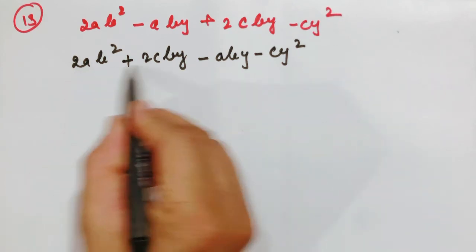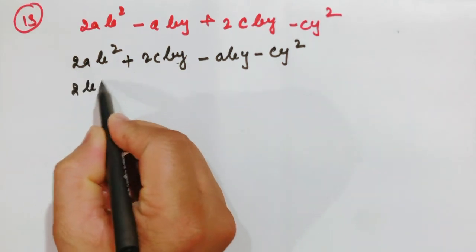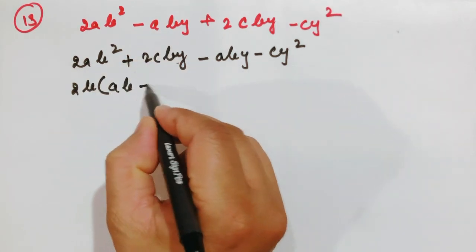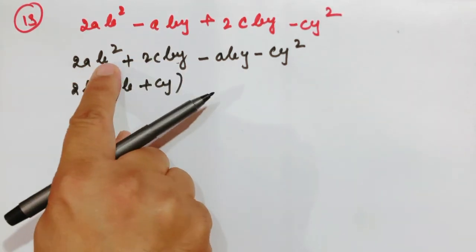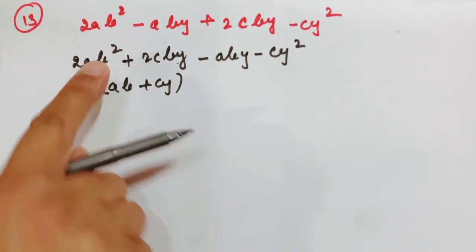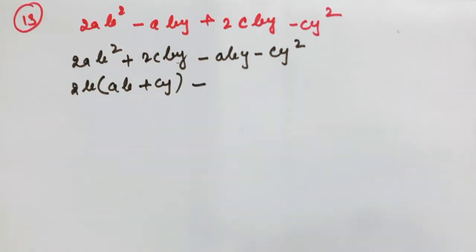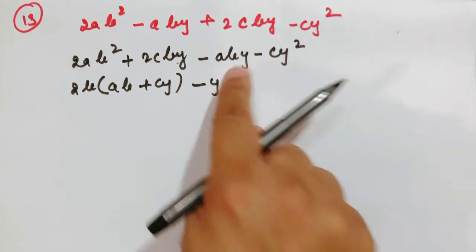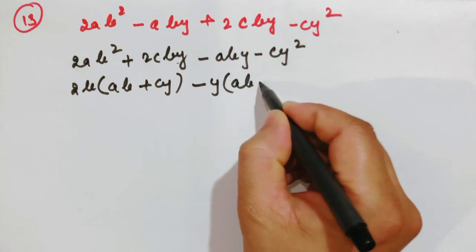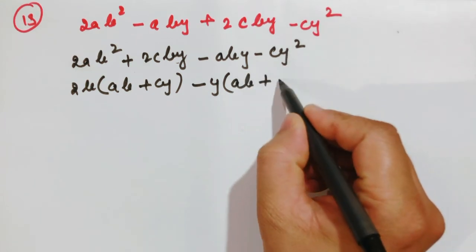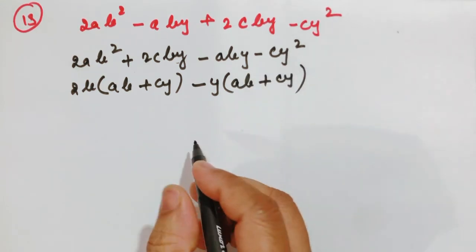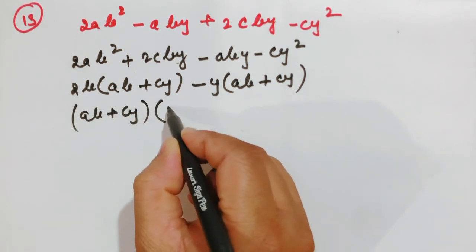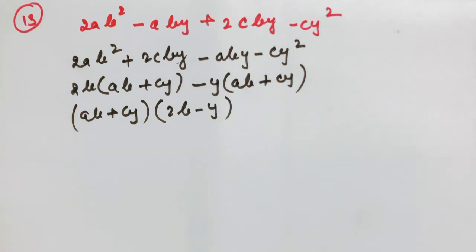So now when you take 2b as common over here, in both, you will be getting ab plus cy, plus cy. And when you take minus y as common over here, that is the HCF, you will be getting ab plus cy. So ab plus cy when again taken common, (2b minus y). ठीक है?